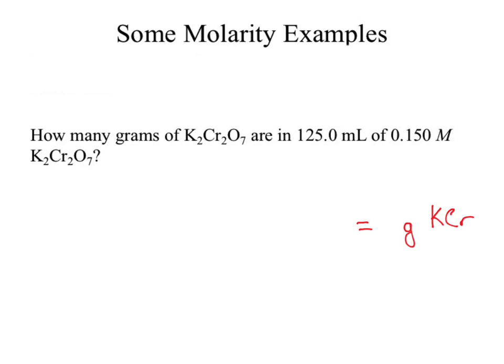KCR works for me. It's an abbreviated notation. It's not valid, but this is work. I can use whatever symbols or notations I want as long as I make that final translation. So, grams of potassium dichromate. We've got a bunch of given information. What given information do you want to start with?